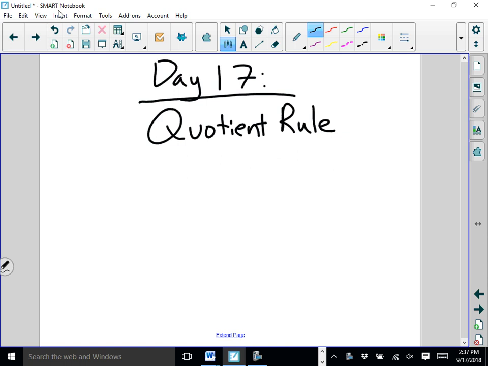So obviously we know from mathematics that quotient means division. So let's take a look at the derivative of a function divided by another function.